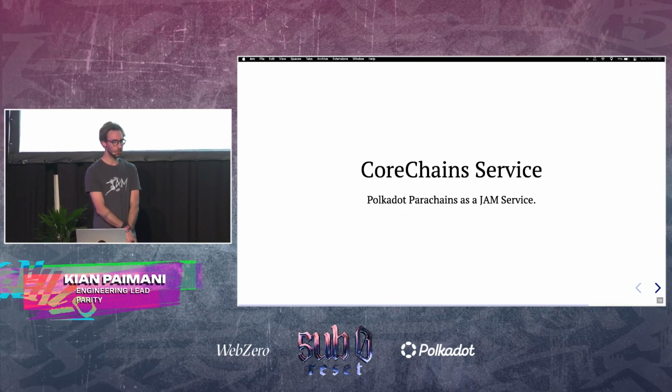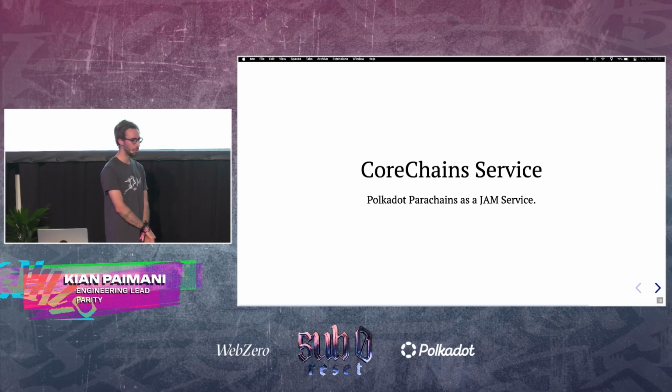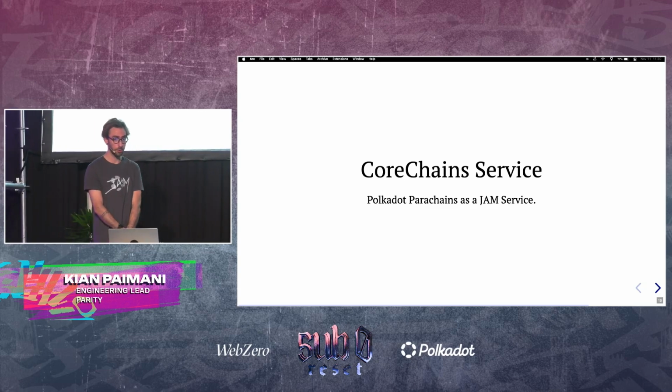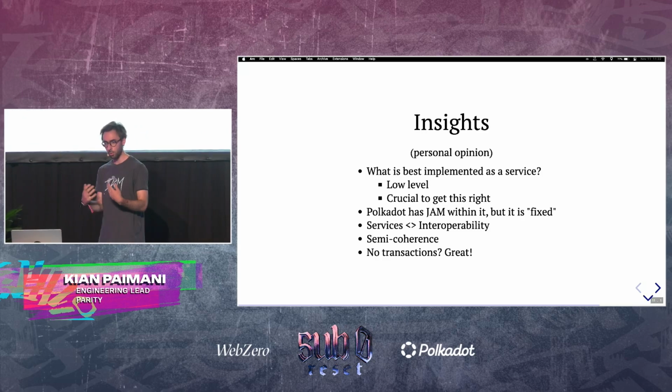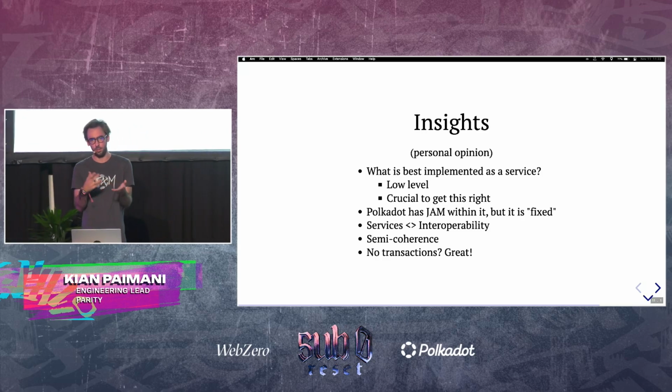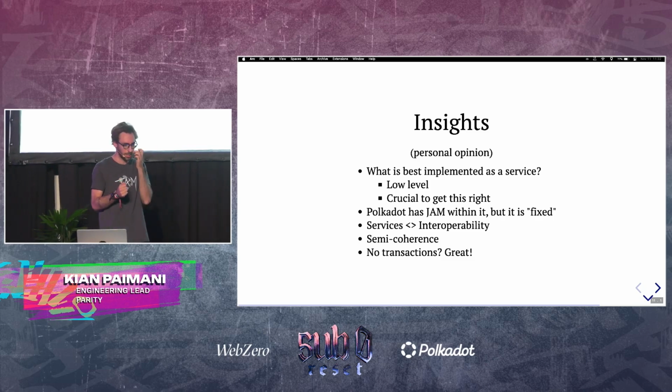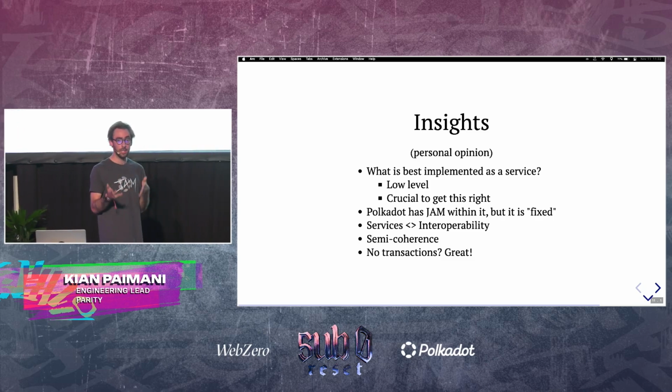And finally, I want to introduce a service that would likely be called Core Chains that can run Parachains. So we can move all the existing Parachains into JAM. Polkadot has most of JAM within it, excluding things like PVM that happen to be developed in the last year. Architecturally, Polkadot is JAM. It's just that it's not exposed.